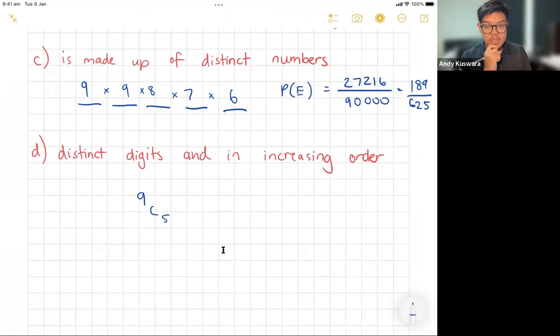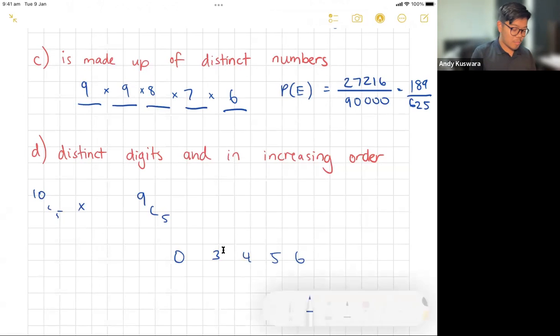So if we go 9 choose 5, that means that we're picking 5 numbers. Now notice I'm not saying 10 choose 5, because I can't really pick 0. If 0 is in there, you can't have 0, 3, 4, 5, 6.